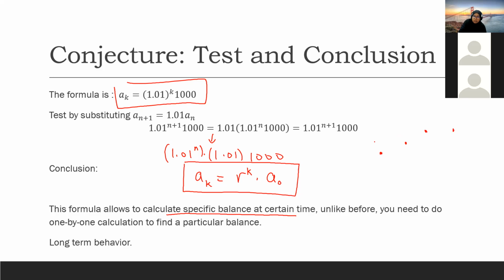So let's say this is n plus 1. This is n minus 1, and then n plus 1 and plus 2.